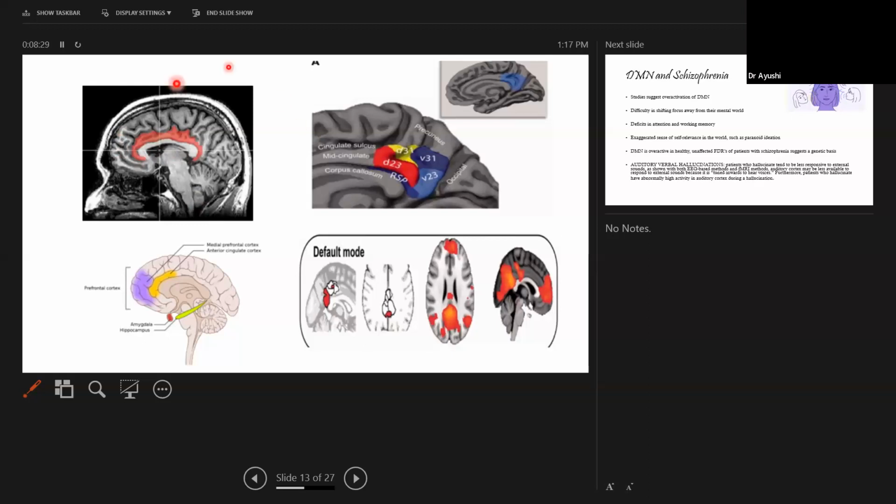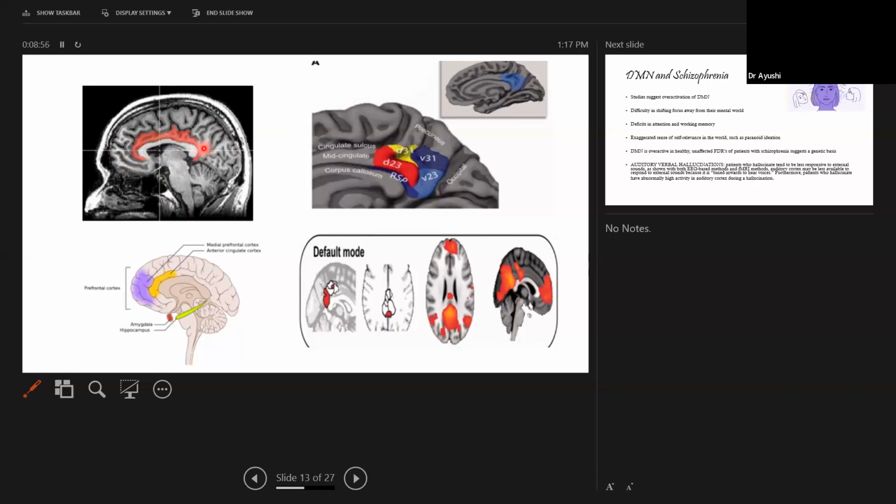In this picture, we can see the corpus callosum here, and just above the corpus callosum in the medial cortex, we have the cingulate gyrus. This whole red one is the cingulate gyrus; the anterior part is the anterior cingulate gyrus, and the posterior part is the posterior cingulate gyrus. The posterior cingulate gyrus is one of the most metabolically active parts of the brain.